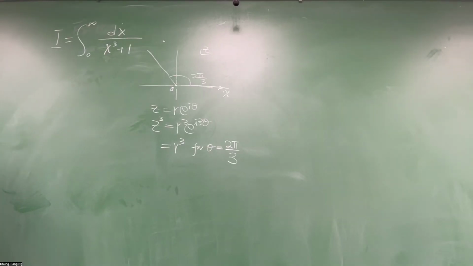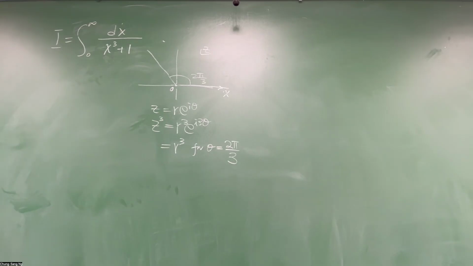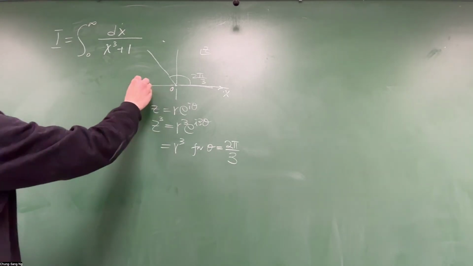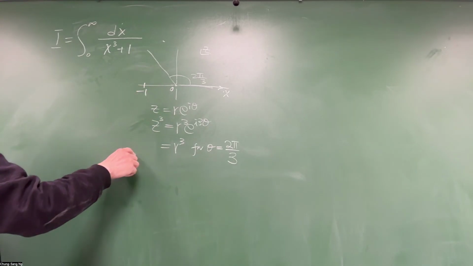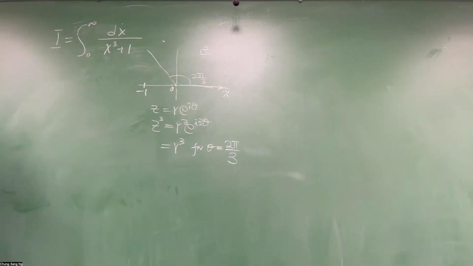And also the integrand has poles, 3 poles. The 3 poles are x cubed plus 1 equals 0, right? And we already talked about it. -1 is a pole, and then the other poles are also the solutions of x cubed equals -1, or x equals -1 to the 1/3 power.